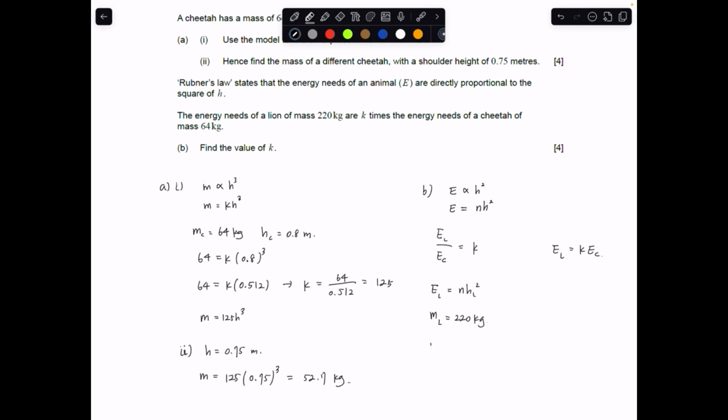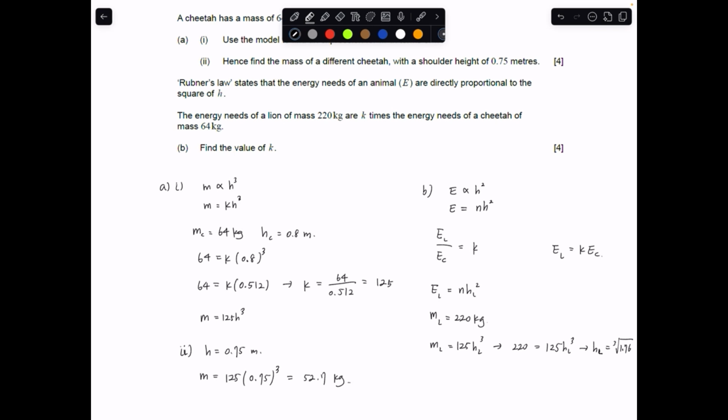And so m_L equals 125 h_L cubed. 220 equals 125 h_L cubed. And so h_L should come out to about, I'll just go ahead and leave it as that. And then we know that the height of the cheetah is 0.8 meters.